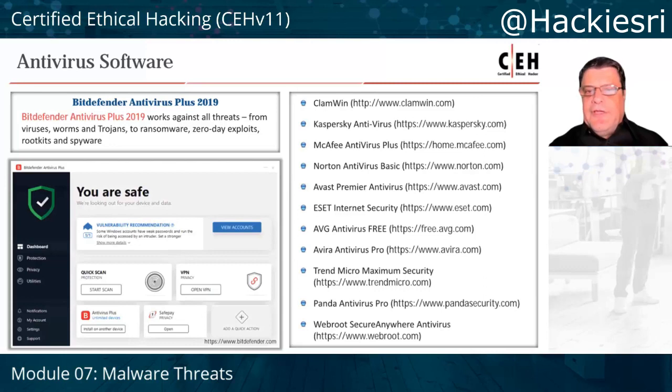Other vendors include ClamWin, Kaspersky Antivirus, again, McAfee Antivirus Plus, Norton Antivirus Basic, Avast Premier Antivirus, ESET Internet Security, AVG Antivirus Free, Avira Antivirus Pro, Trend Micro Maximum Security, Panda Antivirus Pro, and Webroot SecureAnywhere Antivirus.